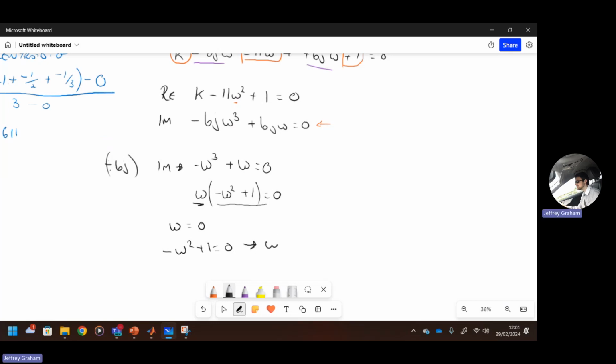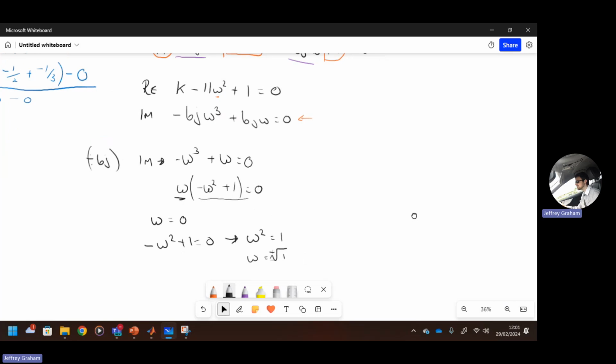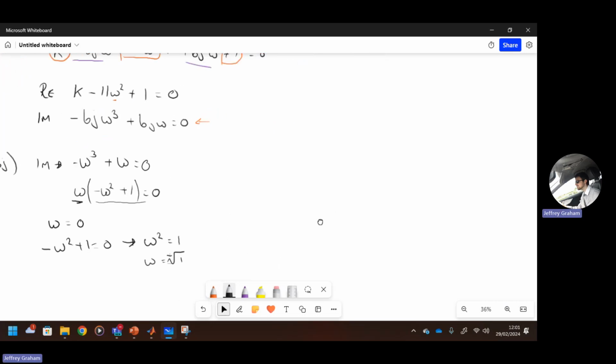So rearranging says the frequency squared should equal 1. Hence, the frequency is the square root of 1. When you take a square root, you get two answers out of that, plus and a minus. Right. All of them will insert into the real equation to get our gain value.